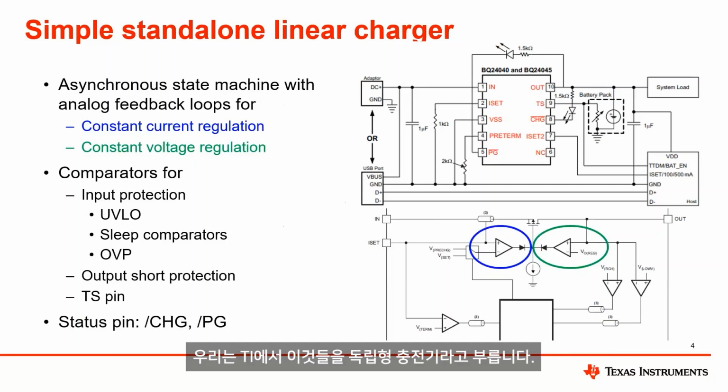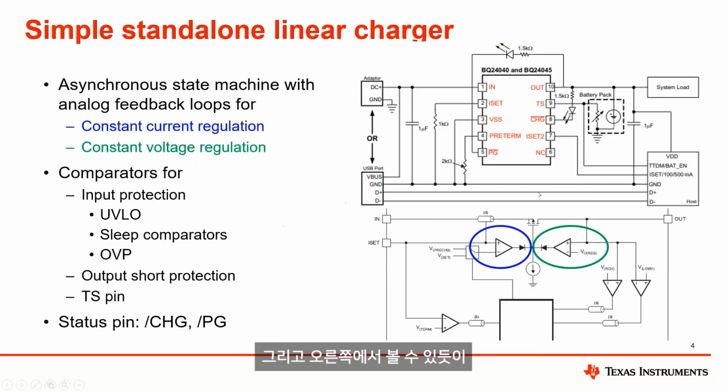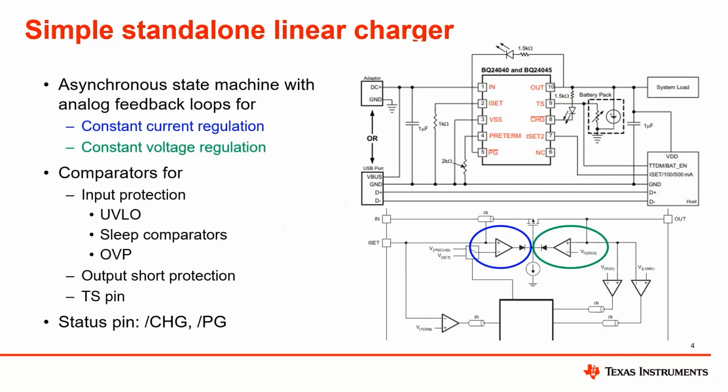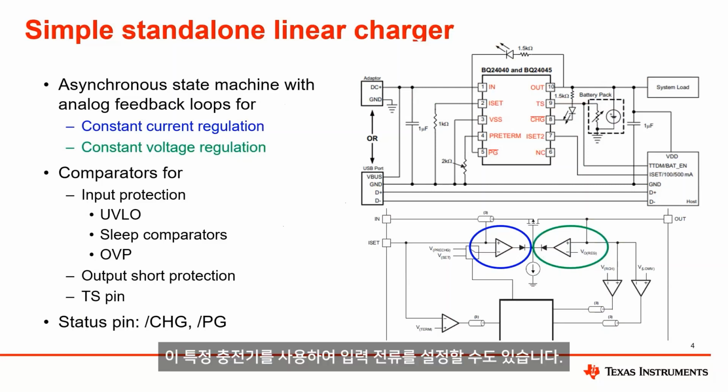We call those at TI a standalone charger, and you can see on the right-hand side, the simplest one I chose was the BQ24040, and it has resistors to set the charge current, but also the pre-charge current and the termination current with 2 different resistors. You can also set the input current as well with this particular charger.